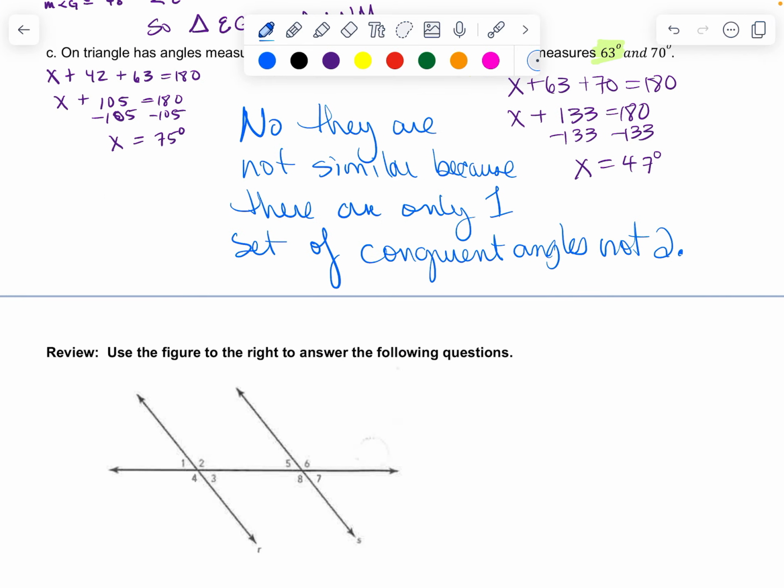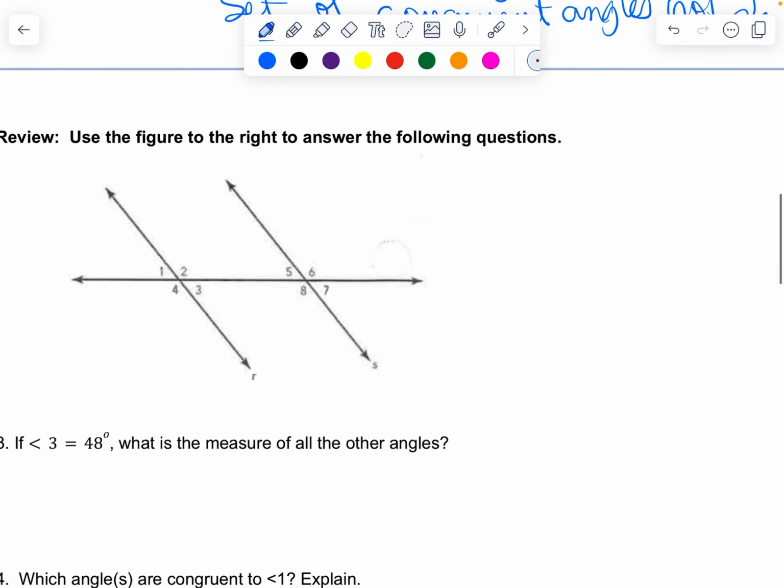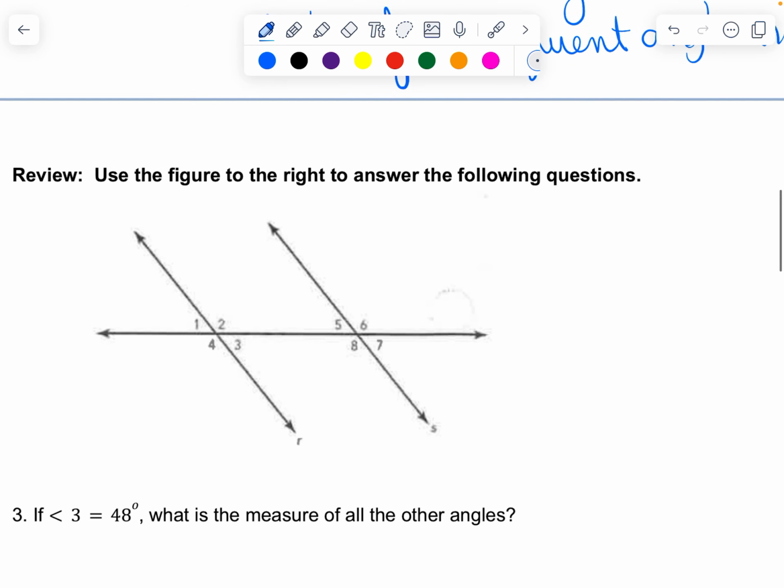Okay, so then we're going to come down here. Going to do a little review. If angle 3 is 48 degrees, what's the measure of all the other angles?